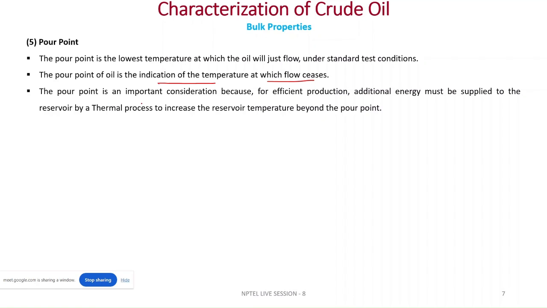This pour point is a very important consideration because for efficient production, additional energy must be supplied to the reservoir by a thermal process to increase the reservoir temperature beyond the pour point so that there will be smooth flow of the oil.